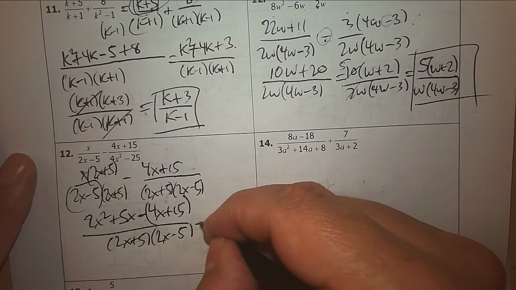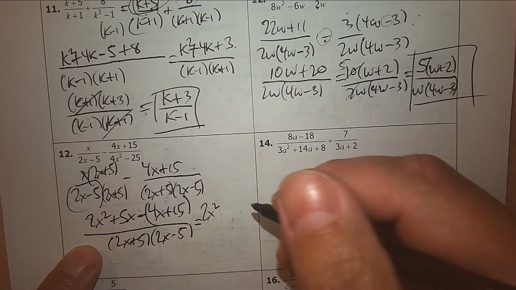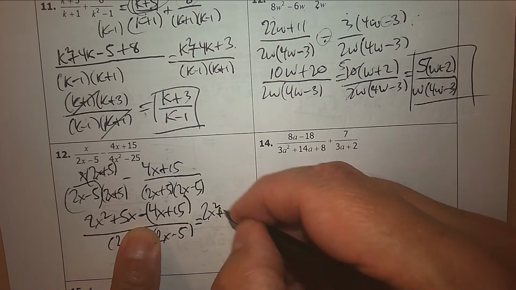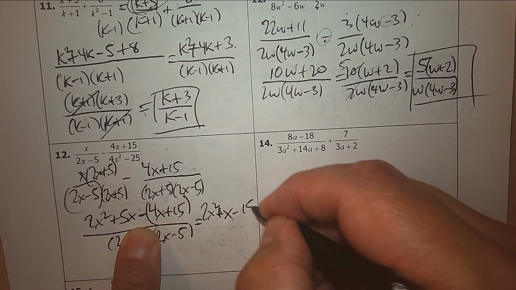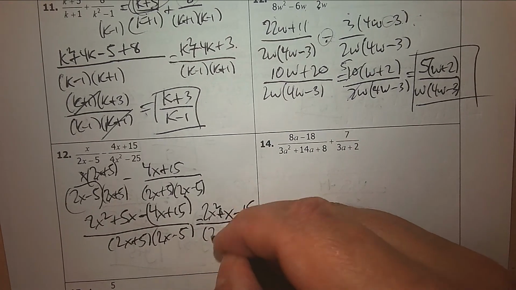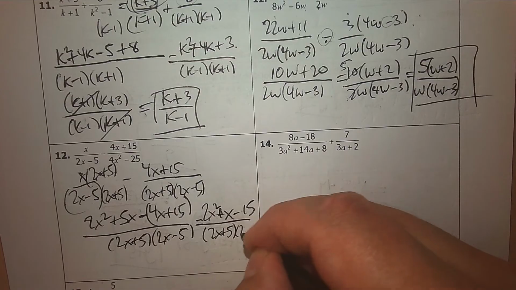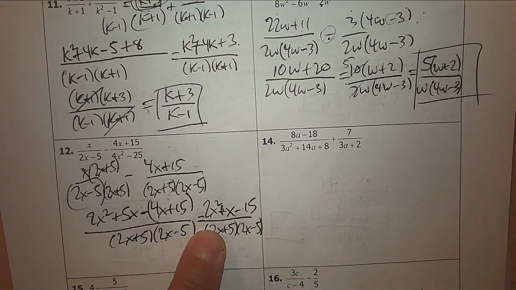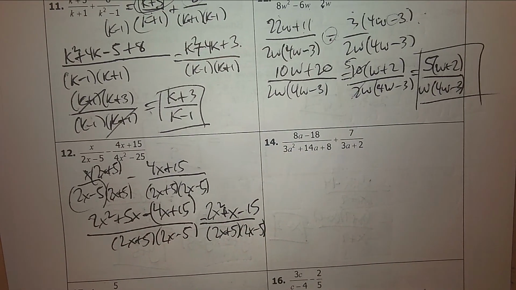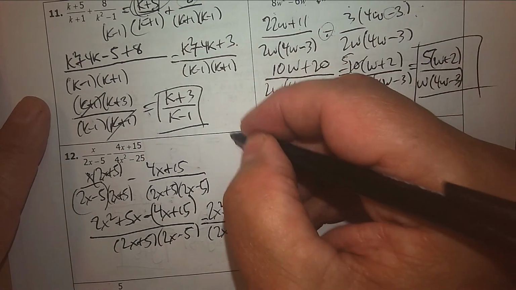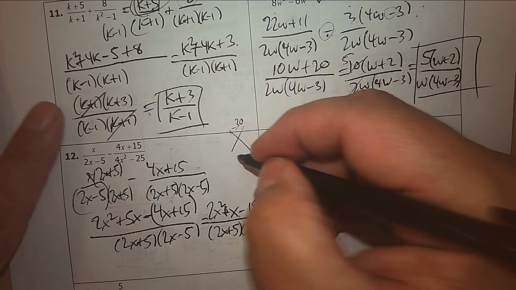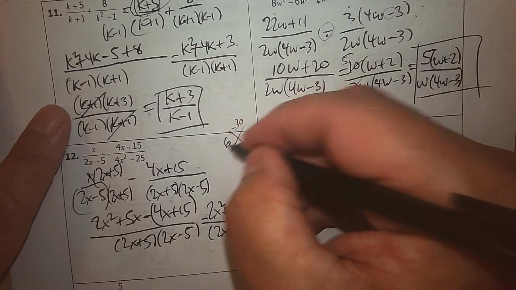So I have 2x squared plus 1x take away 15. So the numerator can be factored further. So 2 times negative 15 is negative 30 and 1. So that's 6 and negative 5.